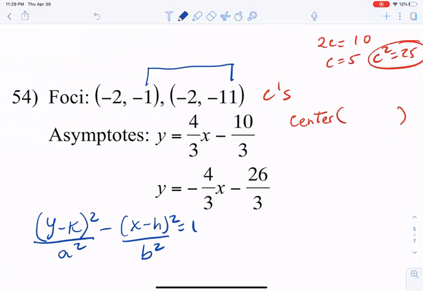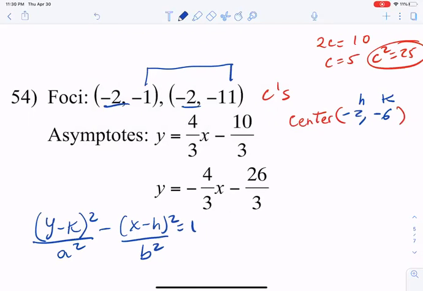We need to find the center. The center is fixed at -2 for x. And then we need to find the midpoint between -1 and -11, which will be -6 in this case. So -6, 5 units up will be -1, and -6, 5 units down will be -11. So we have the center h, k, and we have c squared.